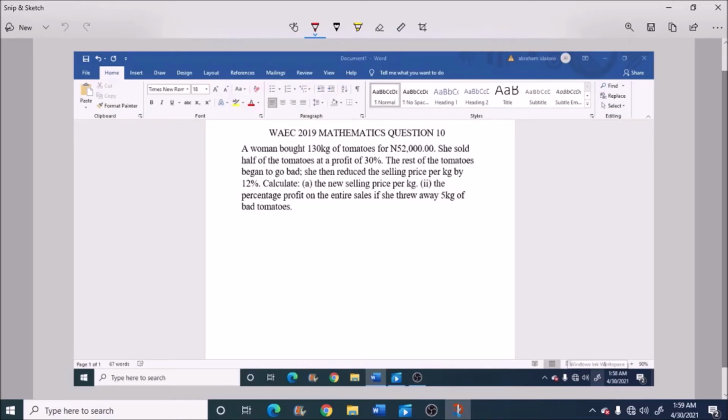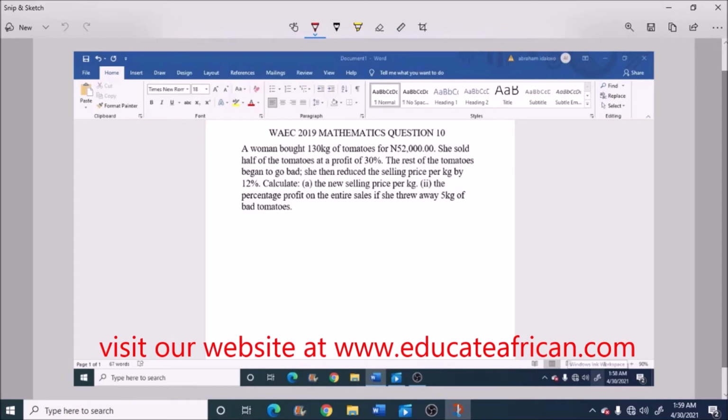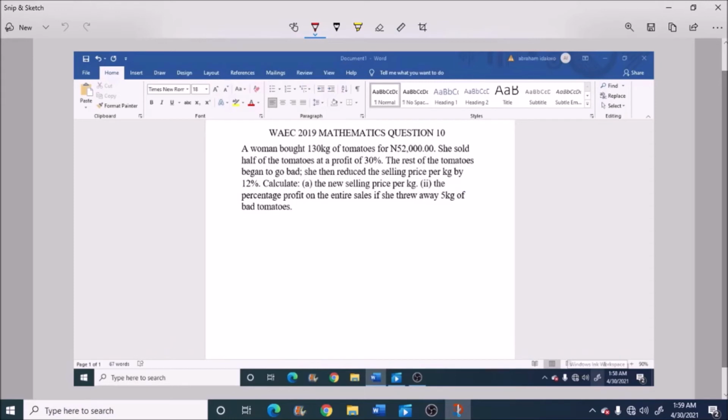Alright, so if the woman bought 130 kg of tomatoes for 52,000, then the cost price for half of 130 kg, which is 65 kg, should be 26,000. Now, using percentage profit, we have profit is equal to selling price minus cost price over cost price times 100%.